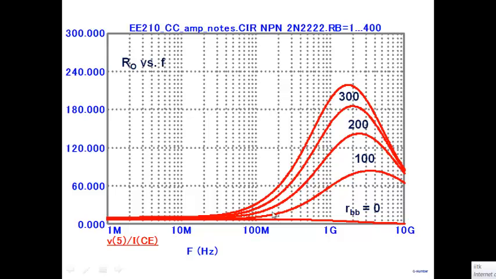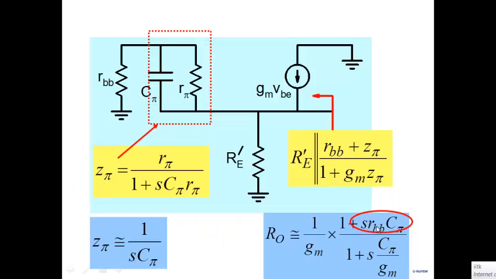So RBB is 0, we don't see any inductive effect. RBB is 100 ohms, you can see this is a plot of output impedance versus frequency. You see this inductive effect. 200, you see even larger. 300, you see even larger here. So it's all got to do with this particular term, RBB C pi.